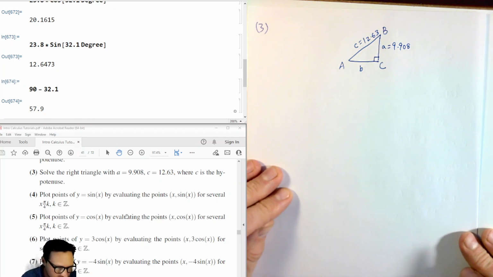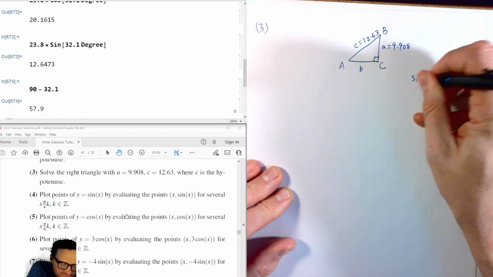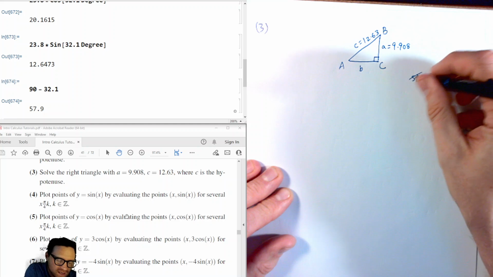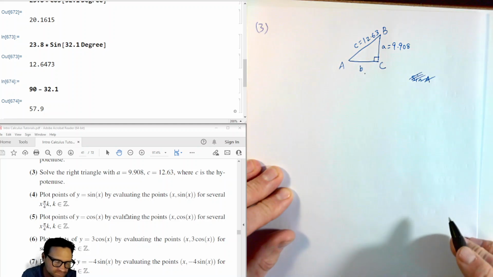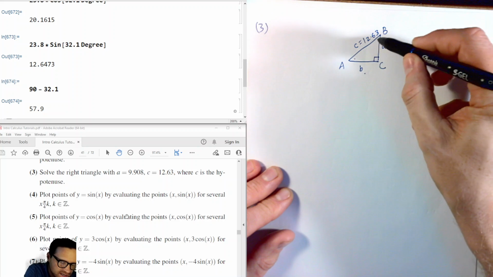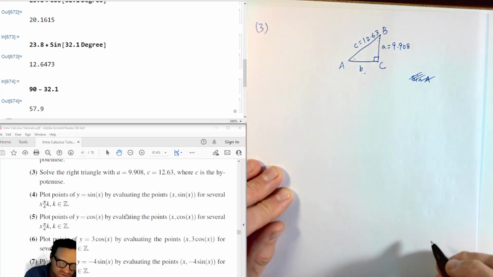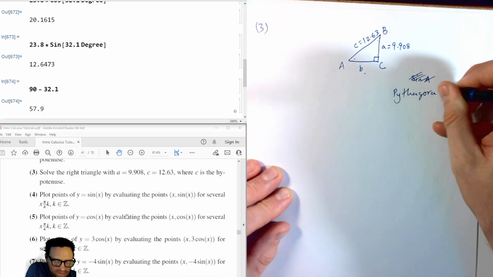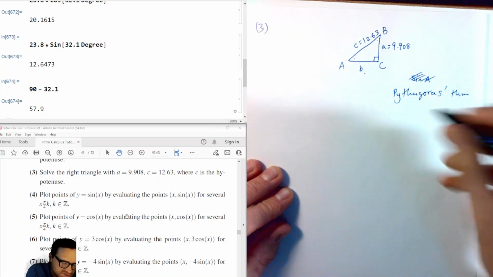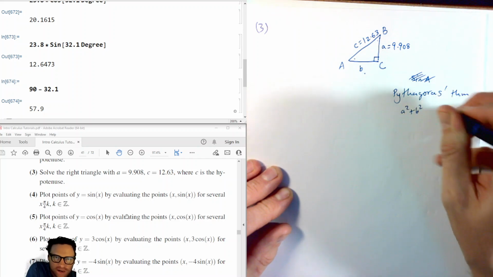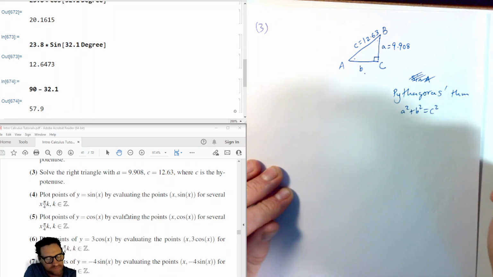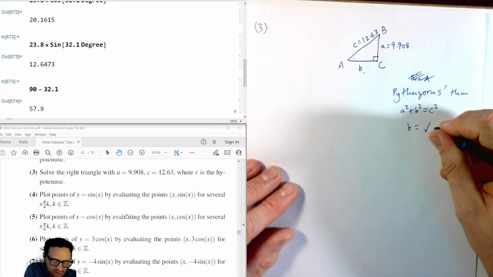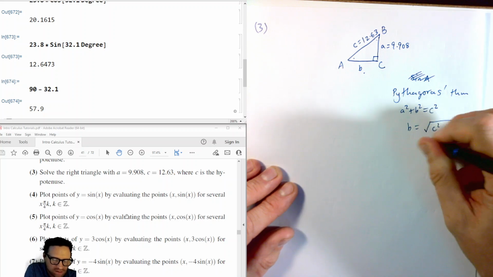Okay, so let's use sine of... No, not yet. We need this, because we don't have uppercase A or uppercase B just yet, so we need to use Pythagoras' theorem first, which says a squared plus b squared equals c squared. But we're after b, so b is equal to the positive square root of c squared minus a squared.